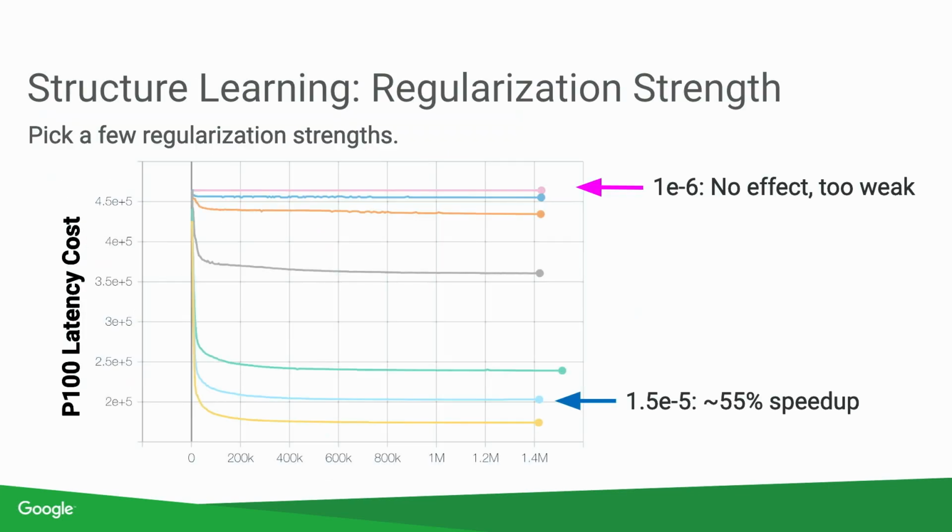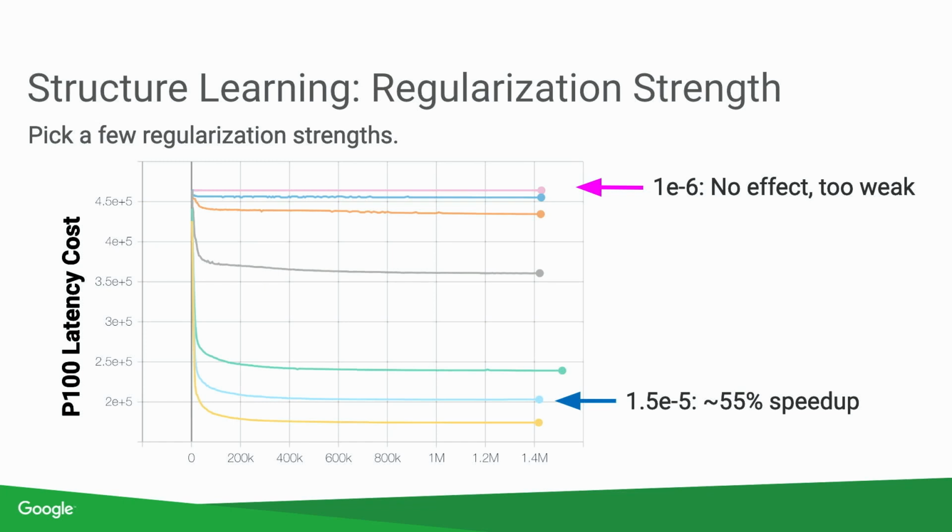First of all, the regularization strength. It seems like a magical number that comes from somewhere, but actually it's relatively easy to tune. We usually start with 1 over the cost of the network, whatever the relevant cost is, as a ballpark number. Then when you sweep over a handful of regularization strengths, you see a very consistent behavior: the stronger the regularization, the smaller the network. Not very surprising.